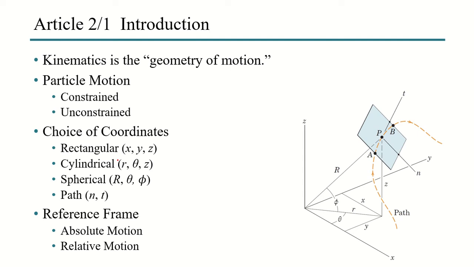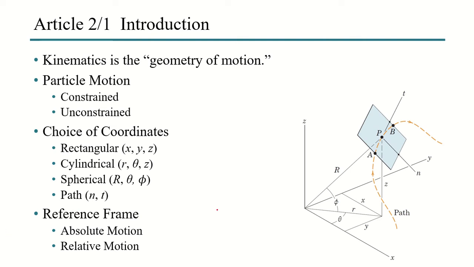You can use rectangular coordinates x, y, z, or cylindrical, where we have r, theta, z. Same for spherical, we have capital R, theta, phi. So capital R, this theta here, and phi, this one.